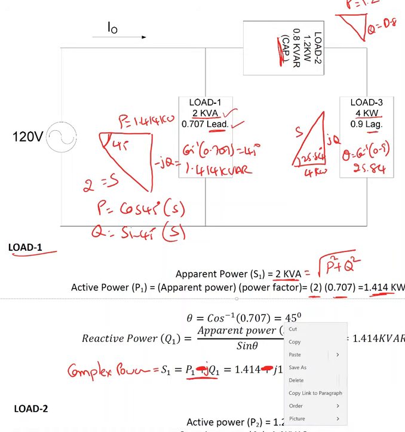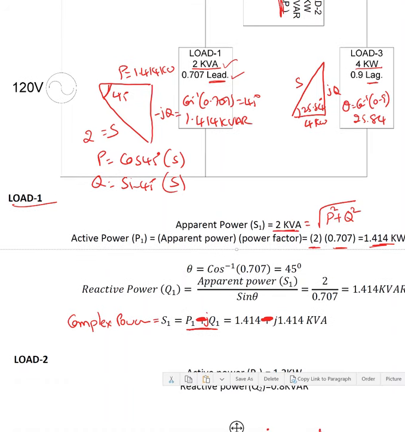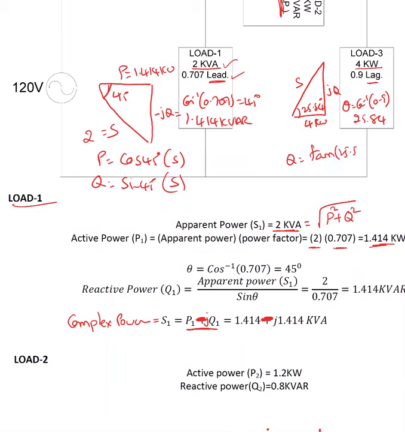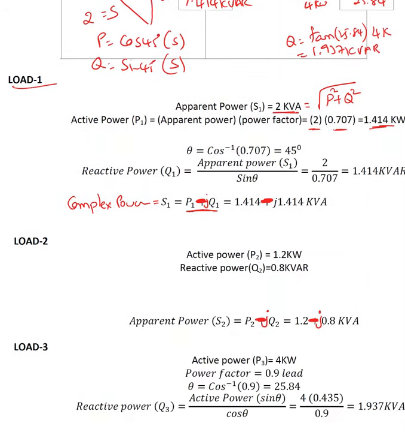Q equals tan 25.84 degrees times 4 kilowatt. Tan theta is opposite over adjacent, so tan theta times adjacent gives you the Q value. I have that value as 1.937 kVAR, kilovolt ampere reactive.